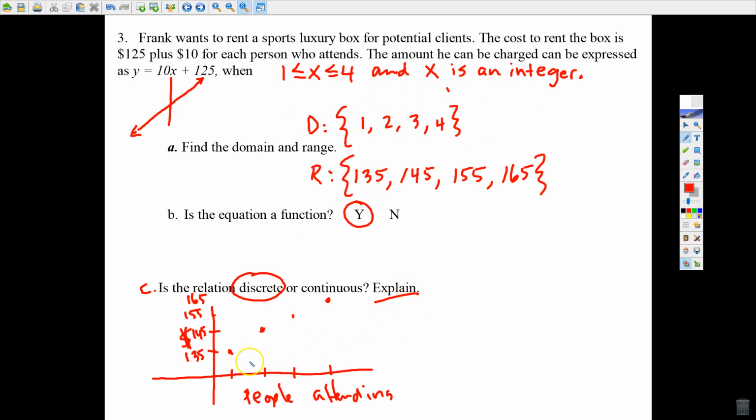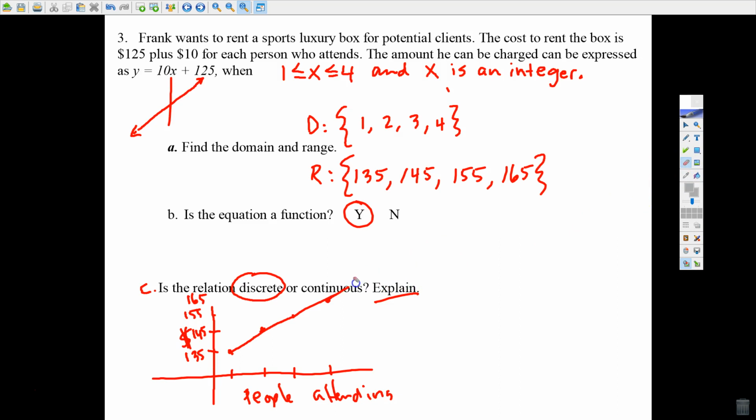That's an answer. Another acceptable answer would be the graph of this would not be a line with no breaks. It certainly has breaks in it because we have these gaps in between the dots. So continuous would be this, where we have no breaks, and it would just continue on and on forever.